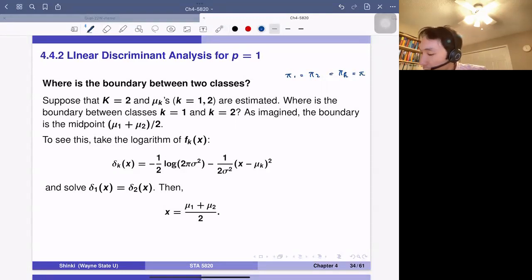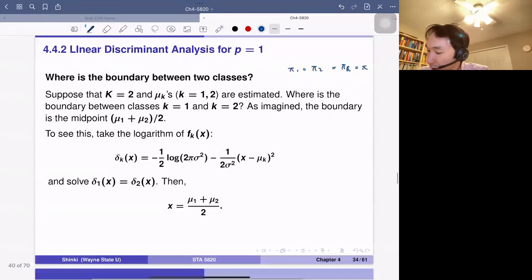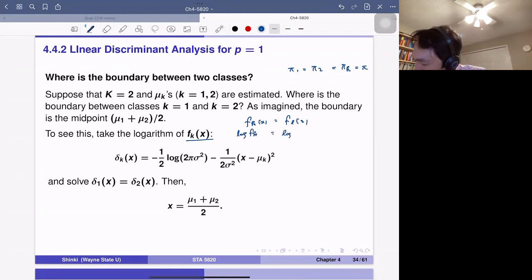Then comparing the density functions is just comparing f_k(x) and f_l(x). We can just take the logarithm of both sides. So f_k(x) equal to f_l(x) means log of f_k is equal to log of f_l. So we consider just the log of this function. The log of f_k is denoted by delta sub k of x.